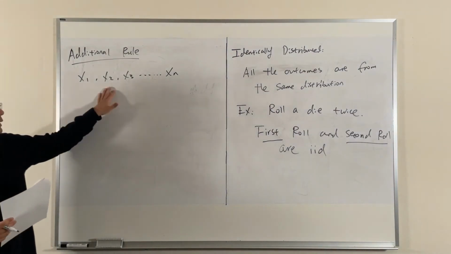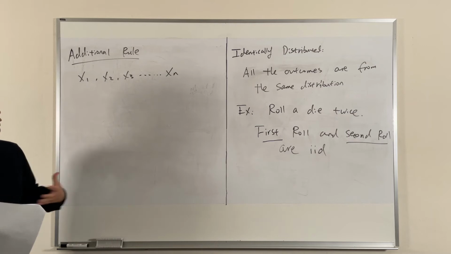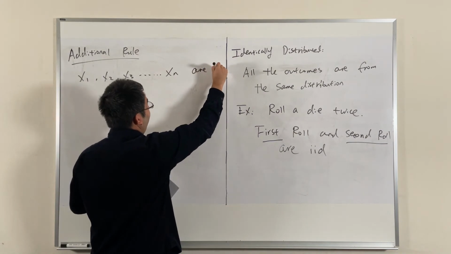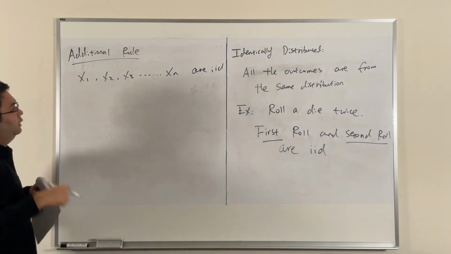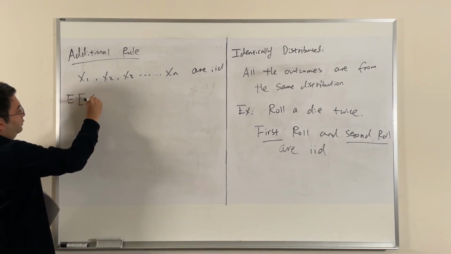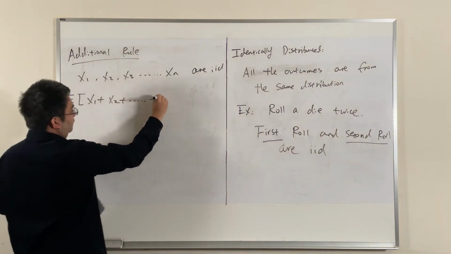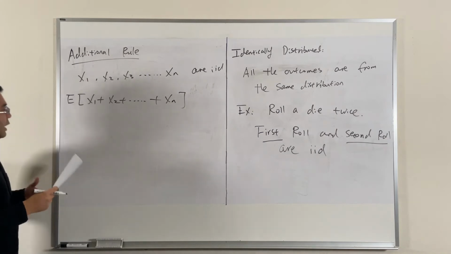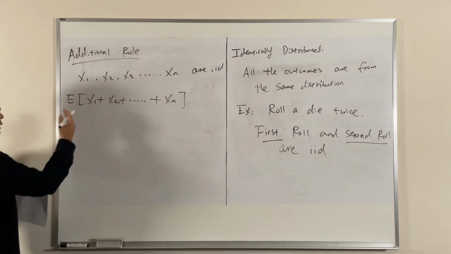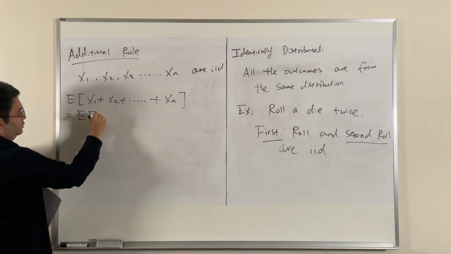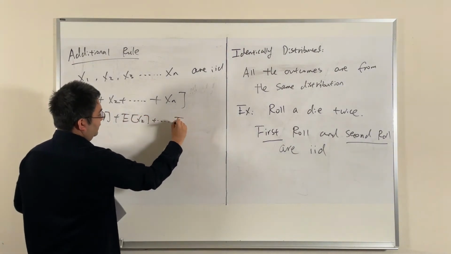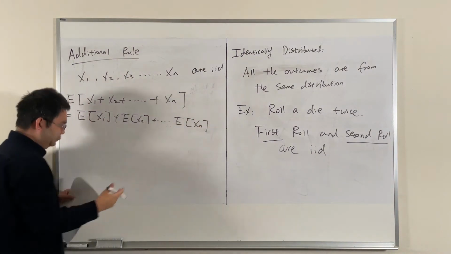Each one is an outcome from a random variable, from a distribution, and they are IID. I pick one, and then I pick another one, until I pick n of them. What is the expected value of the sum? We know that for expectation, you can apply it linearly. So this equals the expected value of x1 plus the expected value of x2 plus all the way to the expected value of xn, n of them.